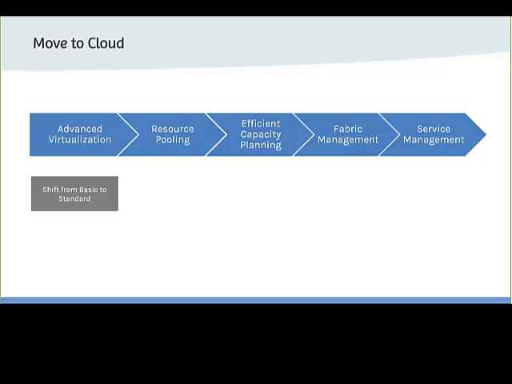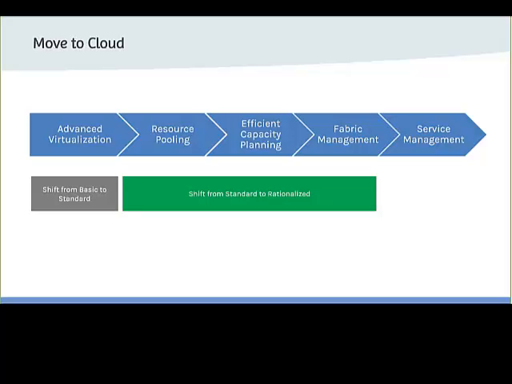If you're not virtualized yet, you should think about that, because that's the only way you will be able to deploy and move resources and services quickly and flexibly. Then you have to shift from standard to rationalized, and that is where all the concepts that I'll show you later come into play: resource pooling, capacity planning, and fabric management. You have to be really efficient in that.